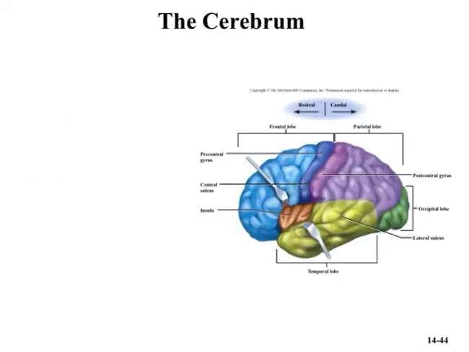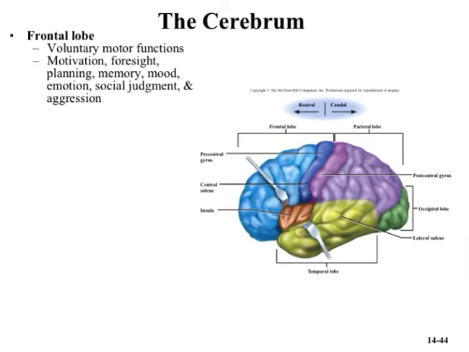Okay, moving on, a little bit more in depth, looking at the cerebrum, we can divide it up into several physical and functional areas. One of the first we want to look at is the frontal lobe. It controls voluntary motor function. It's involved in motivation, foresight, planning, memory, mood, emotion, social judgment, and aggression.